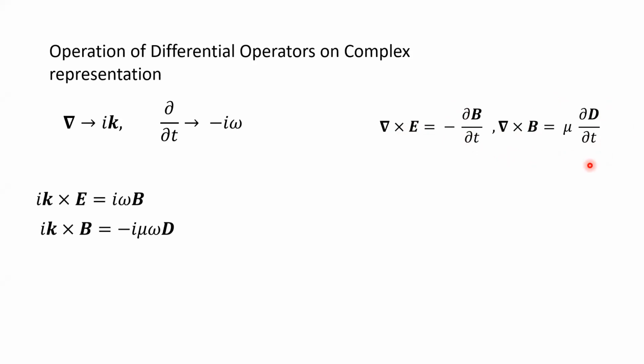So what do you get? You get these equations. So Maxwell's equations for those monochromatic plane waves with arbitrary polarization are basically now algebraic equations. Of course, they're complex, but that doesn't matter. They're algebraic equations, which means now we can manipulate these equations very, very easily. So that's a great utility of using complex representation for the waves.